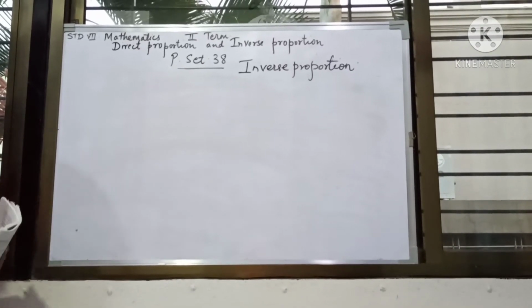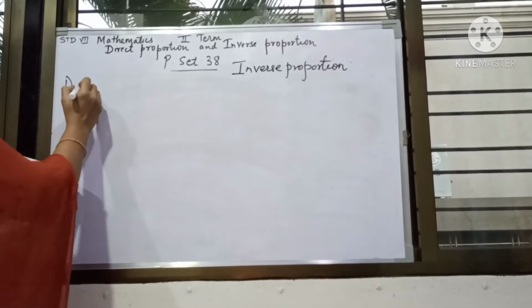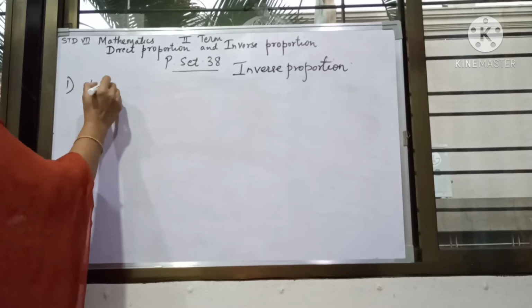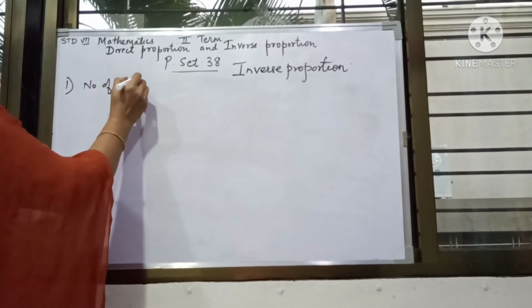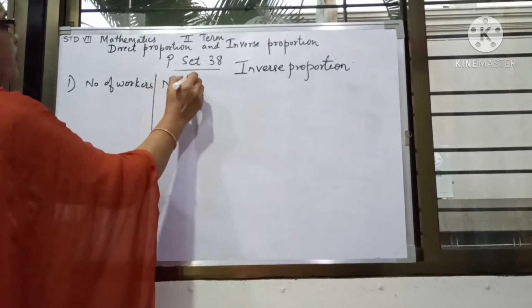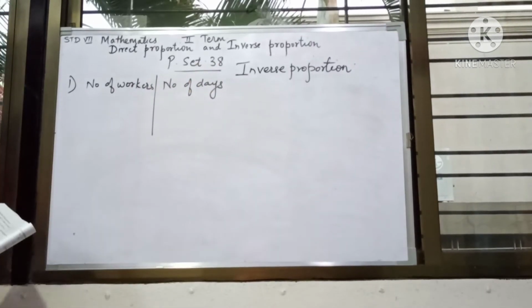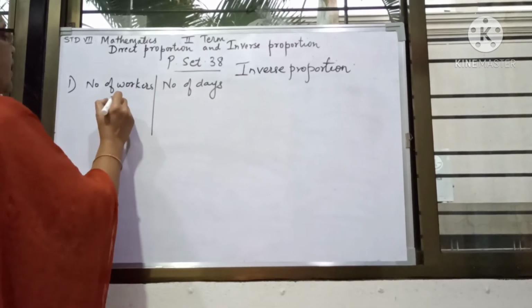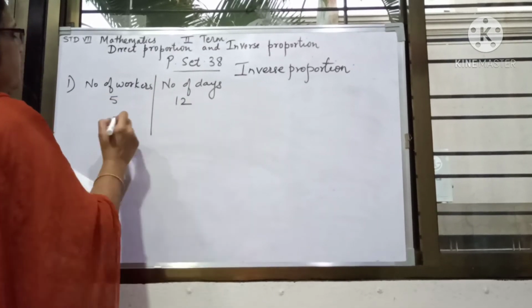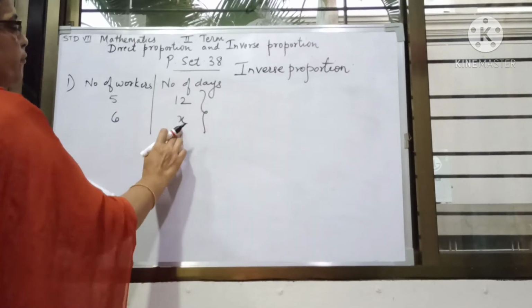So let us write in this form. Number of workers and number of days to complete the work. Now 5 workers are taking 12 days. 6 workers will take how many days? This we have to find out.